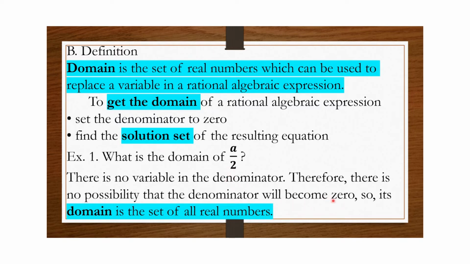So, every time we substitute a value of a, there will always be an answer. If that's the case, its domain is the set of all real numbers. So, yung domain ng algebraic expression na ito, a over 2, is the set of all real numbers. Pwedeng mag-substitute sa value ng a.